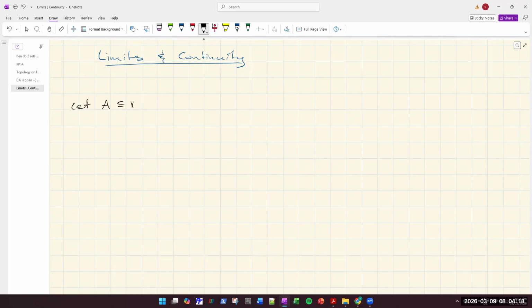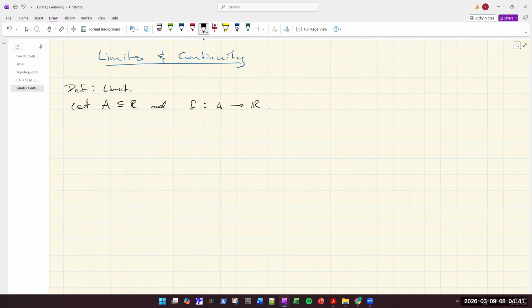Let A be some subset of R, and say I have some function defined from A into R. So we call these functions real valued functions because they give you a real number. So this is the definition for a limit.